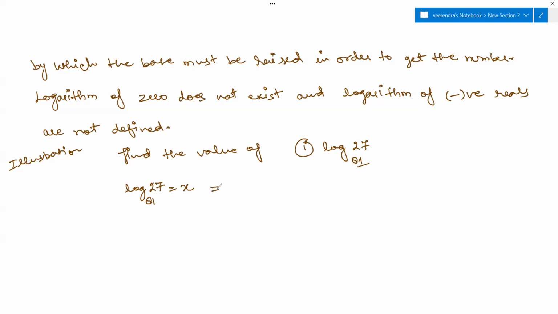So from here, what is the meaning of this? It means if we are raising the x power to the base a, we will get 27. So we can write it as 81 to the power x is equal to 27. 81 can be written as 3 power 4, to the power x is equal to 3 power 3.